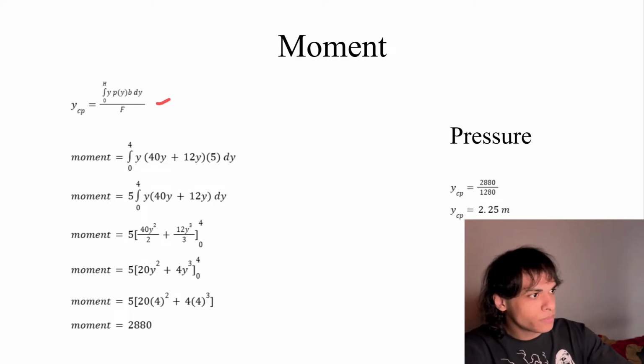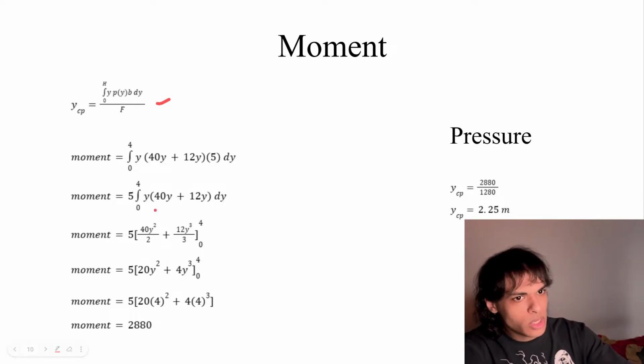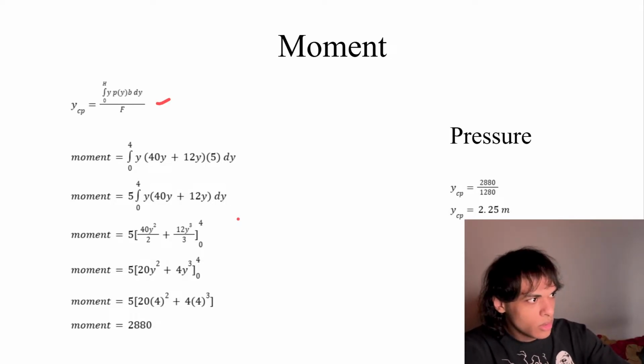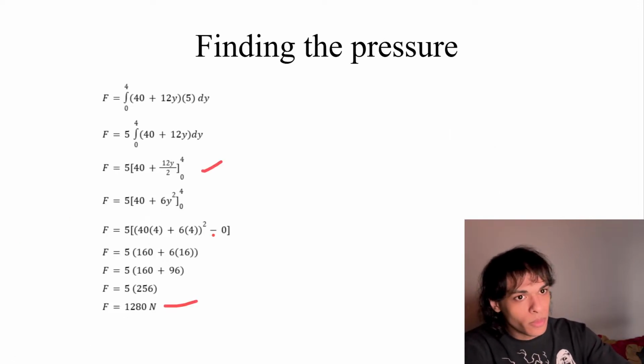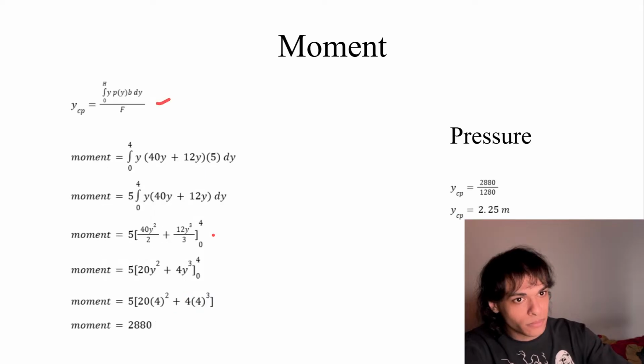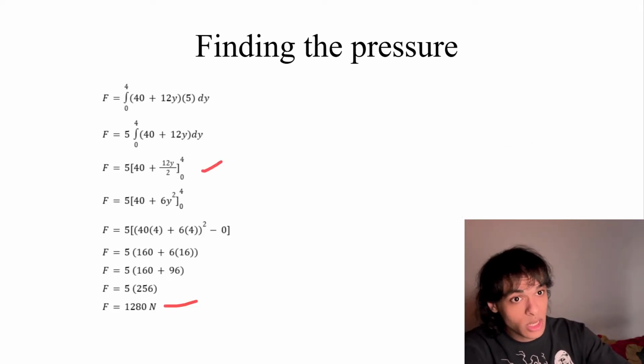The reason for that is we need to know that the center of pressure should be higher than the geometric value, which is 2. Okay, so that's why we divided by 2 here. And yeah, so that's what happened here.